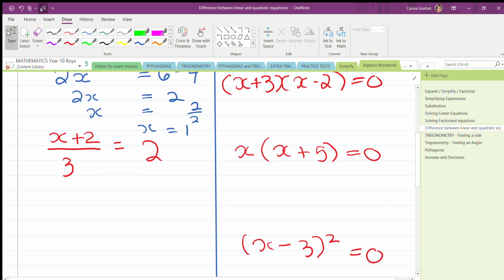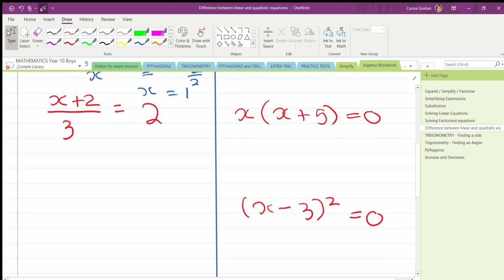Looking at the next one, you want to have x by itself, but you have a fraction here. So when we manipulate these, just a little bit of a fun game, let's say this is Princess Zafia. We want to rescue her, and we've got to get rid of the 3 and the 2.